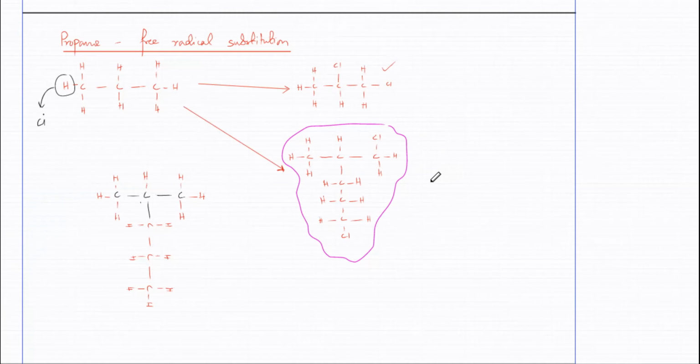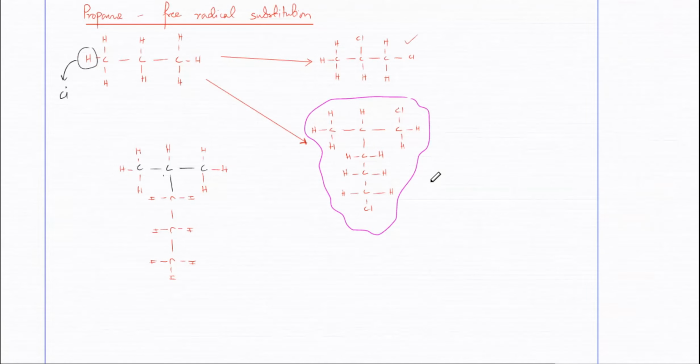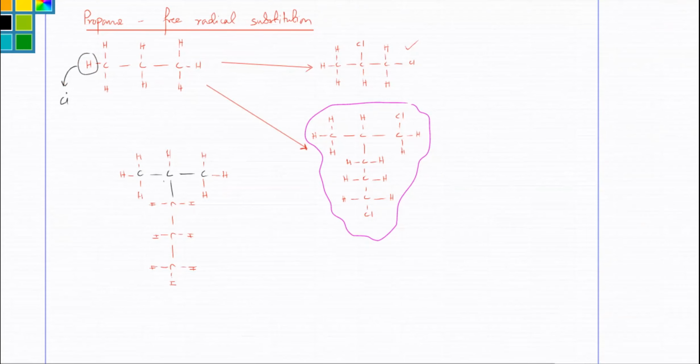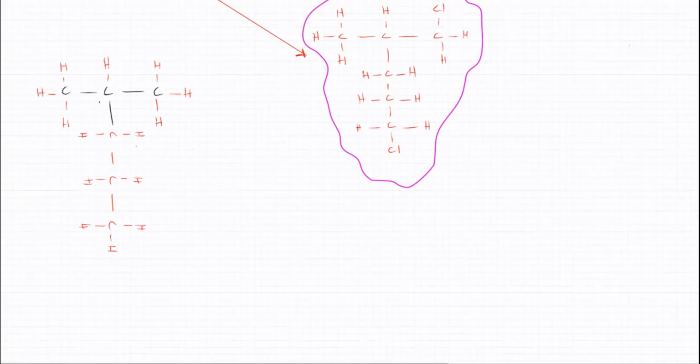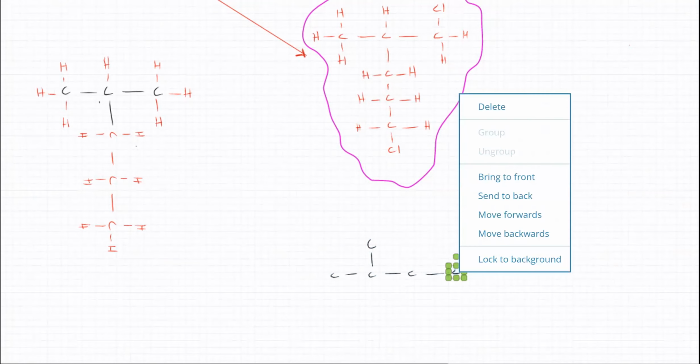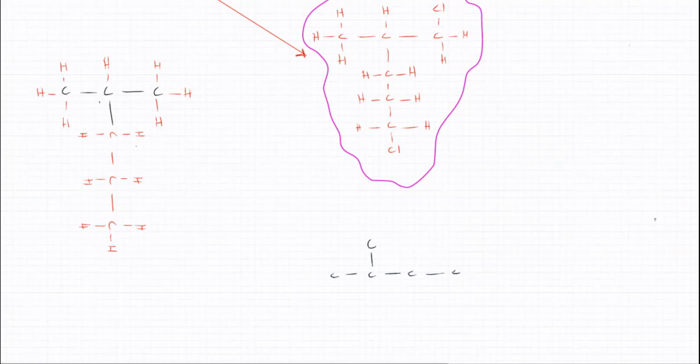So I'm going to do, tell me if this is possible. Let's do another one. If this molecule is possible for propane, remember we're still talking about propane. So I've got this molecule, and the rest is all hydrogens and Cls.